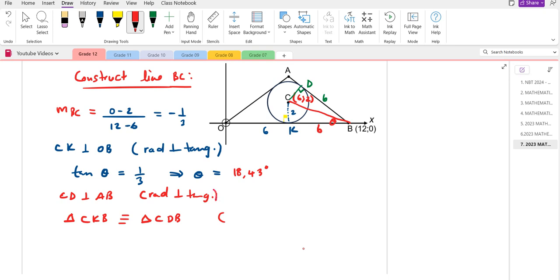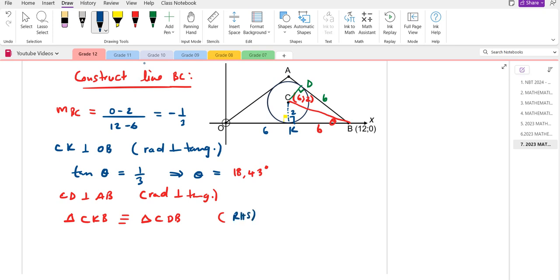Okay, and now what we're saying is the radius is perpendicular to the tangent. These two triangles are congruent because we have 90 degrees here, we got 2, we got 2, so we got 90 degrees, hypotenuse and the side. So we got RHS, right, so far.